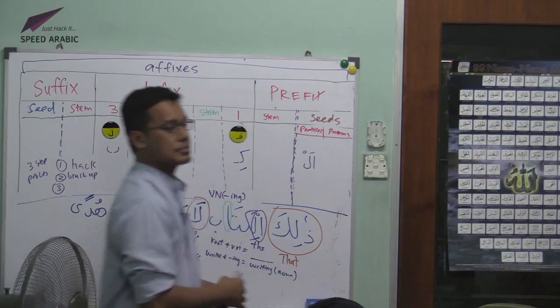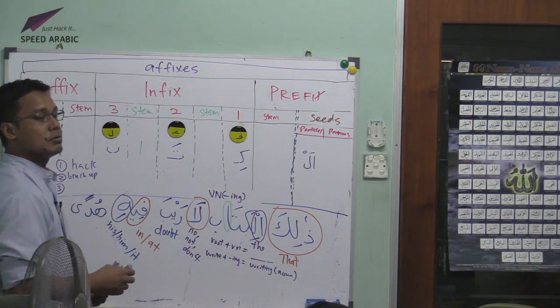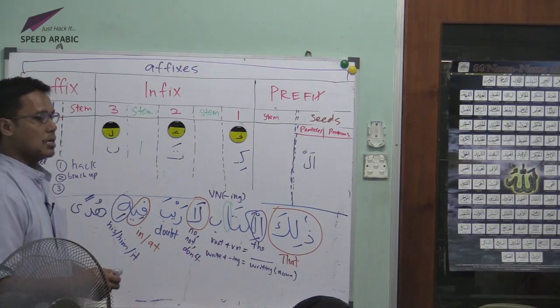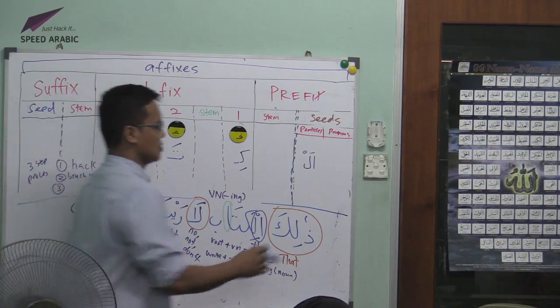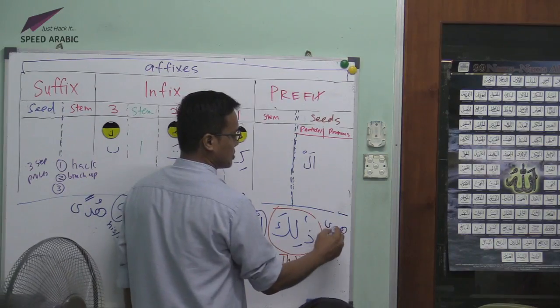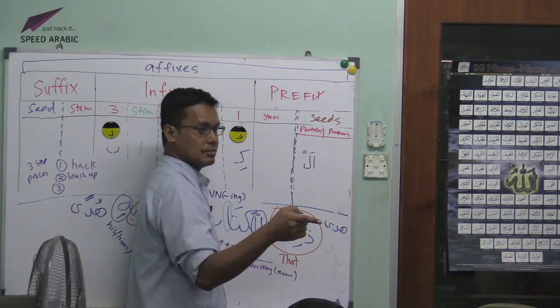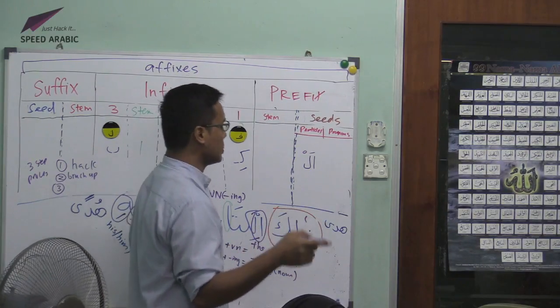Hada is the root. So you have Hada as the root, which means to guide, right? To lead. Okay, to lead or to guide.